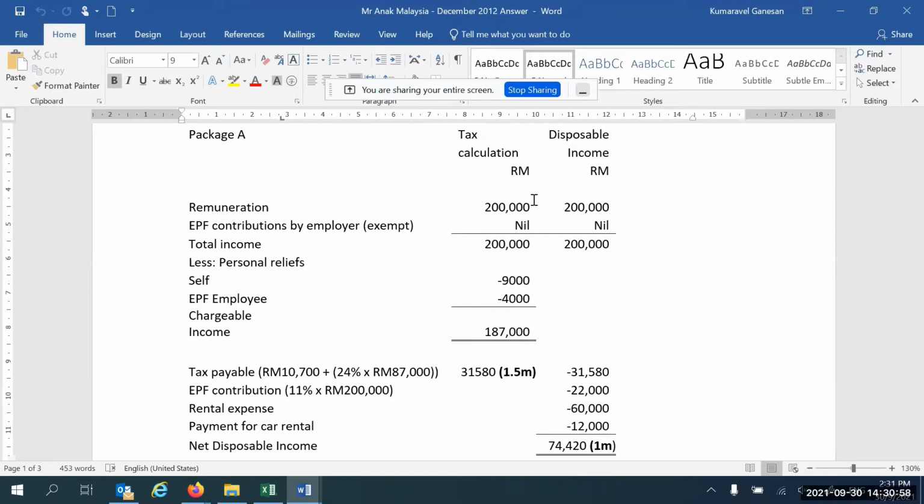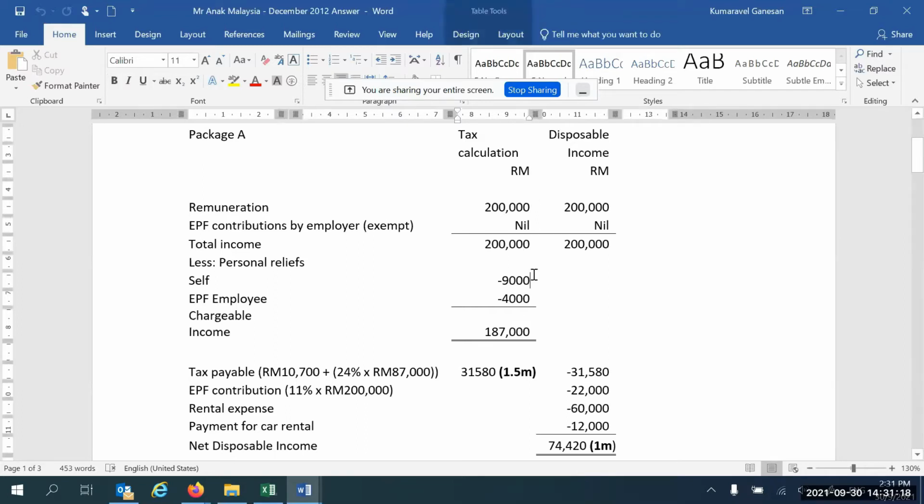Okay. Now, yes, he told you to use 6,000, but that's outdated. Nowadays, the EPF is separate from the life insurance. Now, I'm just going to revise again how to count the tax. Then after that I'll go to the disposable income column. So you must know everybody gets 9,000 relief and 4,000.